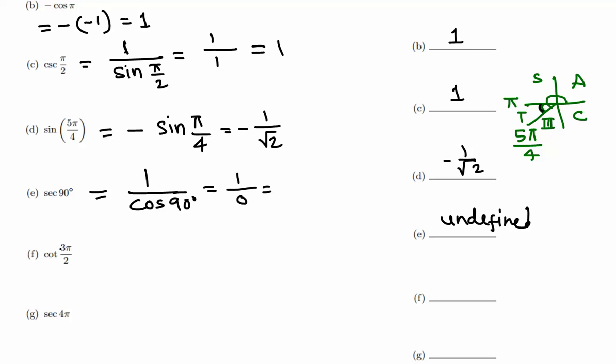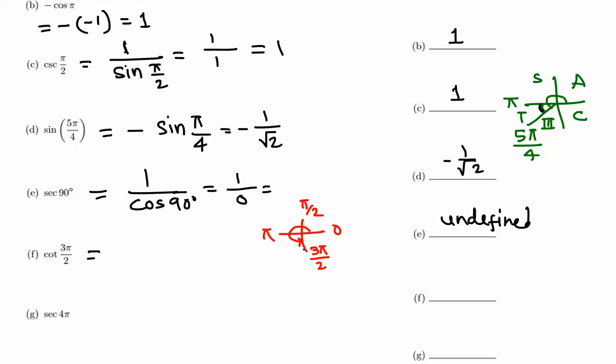F, cotangent 3 pi over 2. If you want to find it in the quadrants, this is pi over 2, 0, pi, and this is 3 pi over 2, so we are working on this line. On the unit circle, it is the point 0, negative 1. Cotangent is the ratio of cosine and sine, also the reciprocal of tangent.